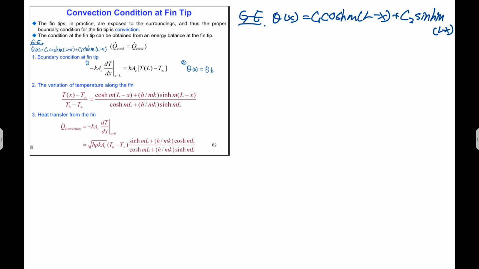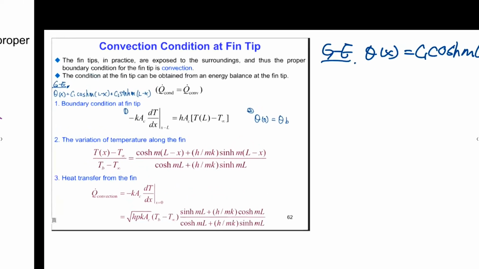Then the boundary conditions are already listed on the slide. The first boundary condition: when x equals 0, theta equals the temperature at the base, so theta 0 equals theta b. The second boundary condition: since the tip has convection, the conduction equals convection. Fourier's law equals Newton's law of cooling.